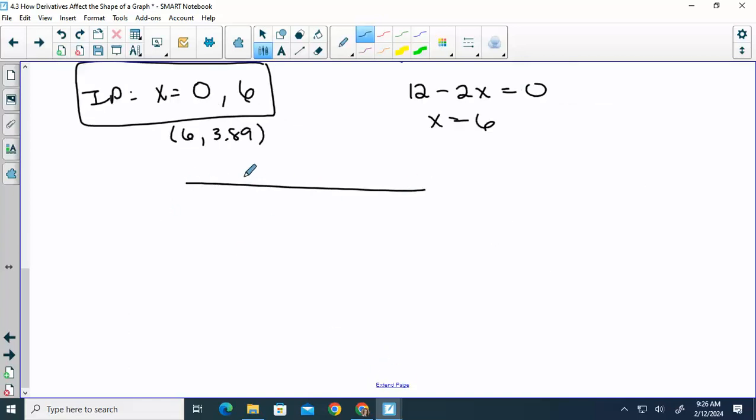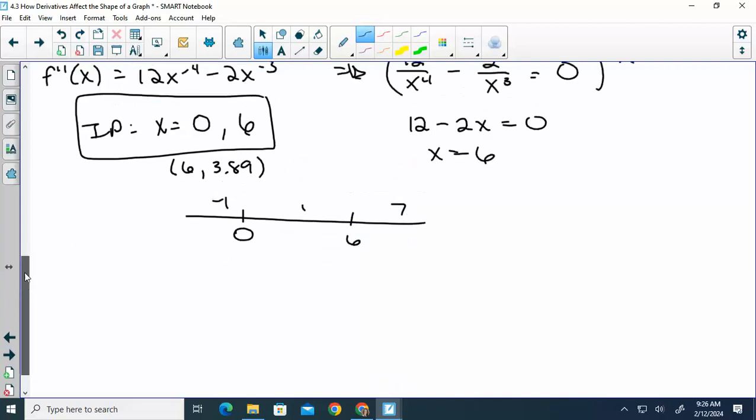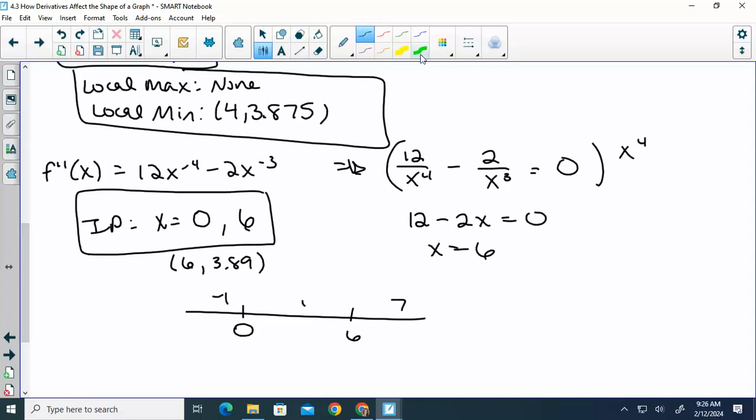Concavity, need our sign line. We're plugging these into our second derivative. So come in right here. If I put in -1, I get 12 minus -2, so that's positive. Put in a 1, we get 12 minus 2, so that is still positive.